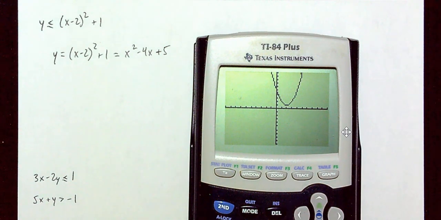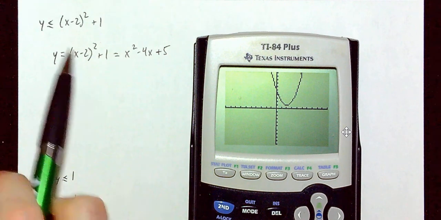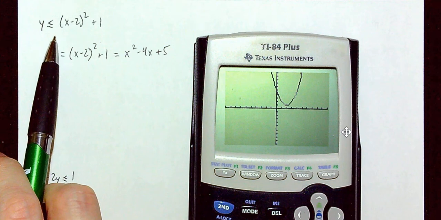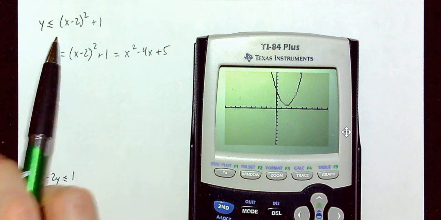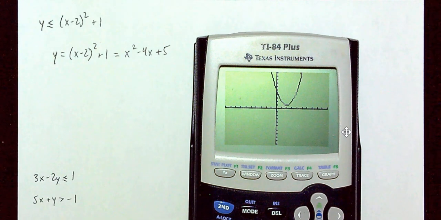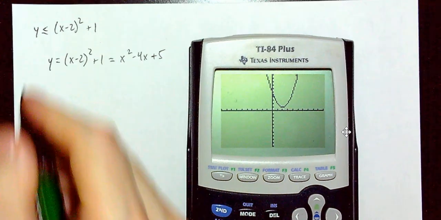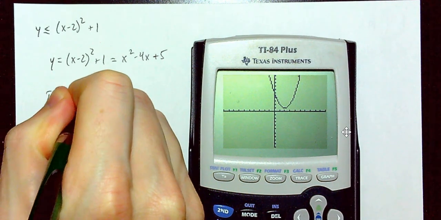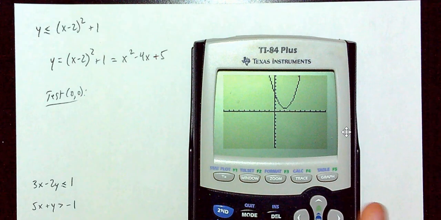So let's now pick a point that doesn't lie on this curve. Let's plug it into the inequality that we have here, and let's see if it makes it true or not. Once again, pick the nicest point that you can think of. The nicest point I can think of is 0, 0. So let's test 0, 0.